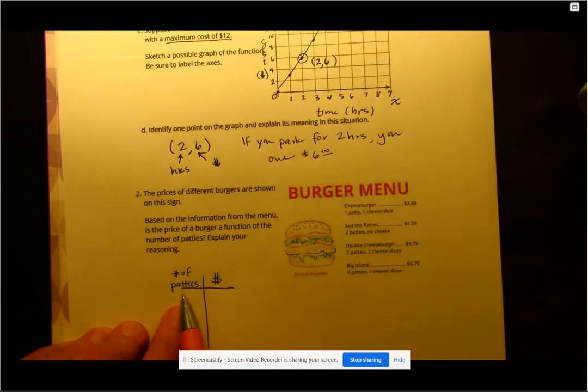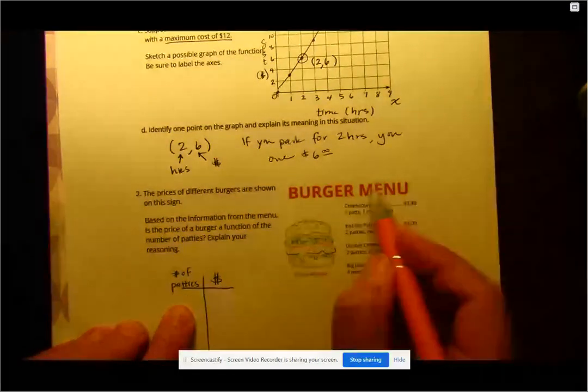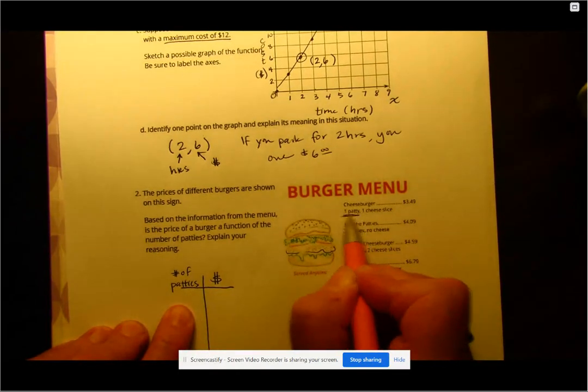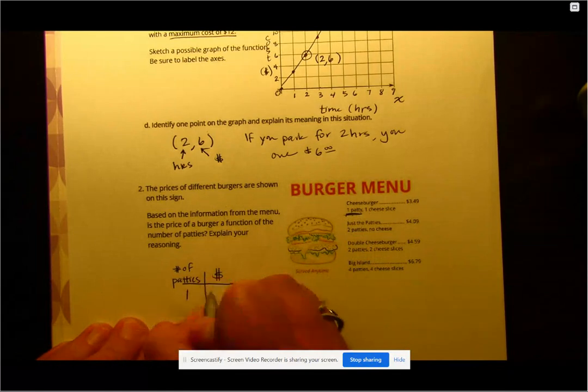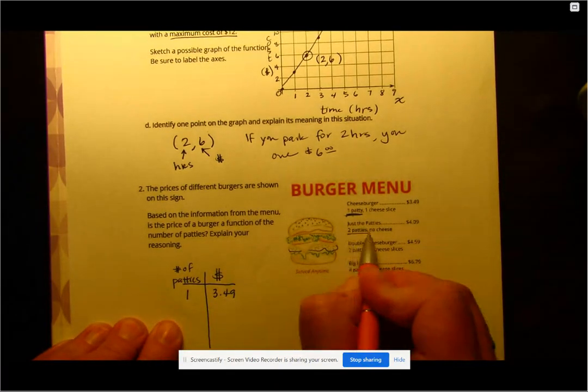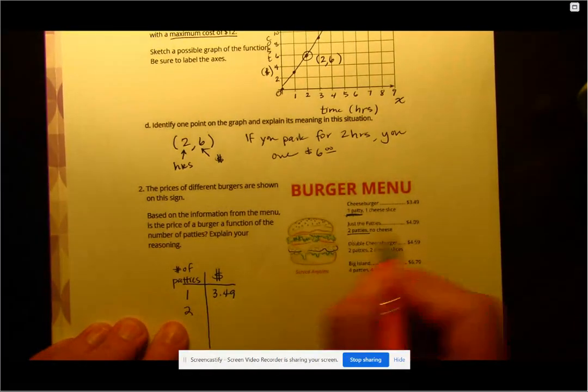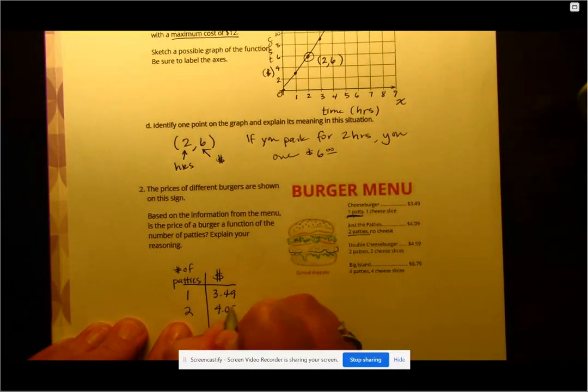Okay. So this here, let's just look at the patties and let's not worry about anything else. According to the menu, this burger has 1 patty and it's $3.49. Okay, this one has 2 patties and it's $4.09. It doesn't have to follow a pattern necessarily to be a function, just every input can only have one unique output.